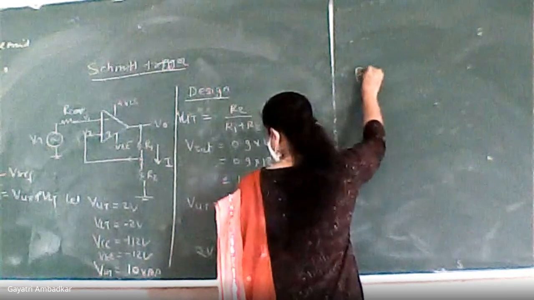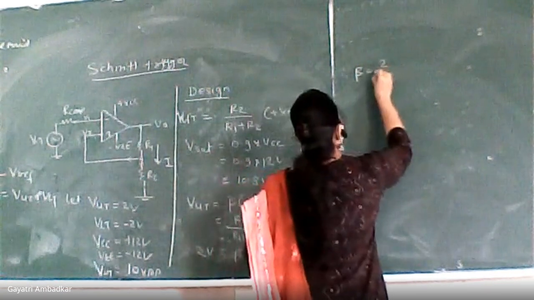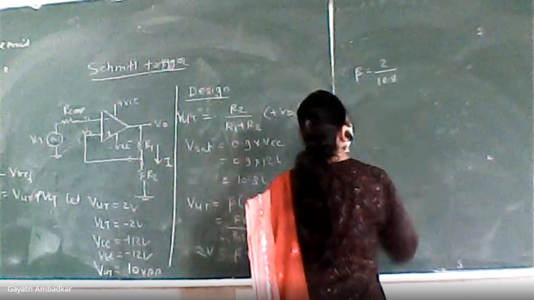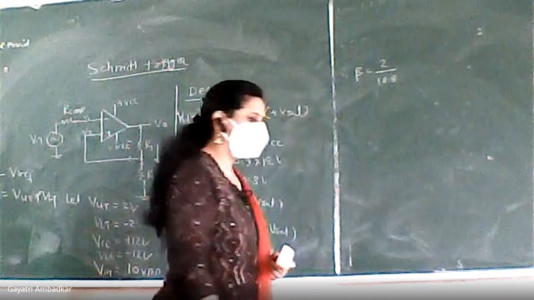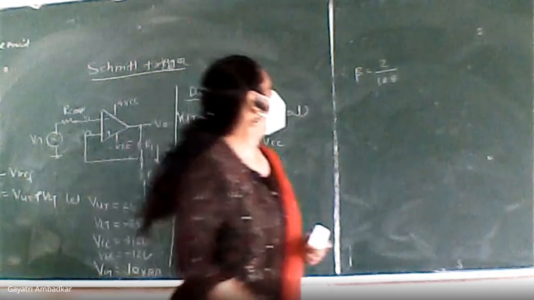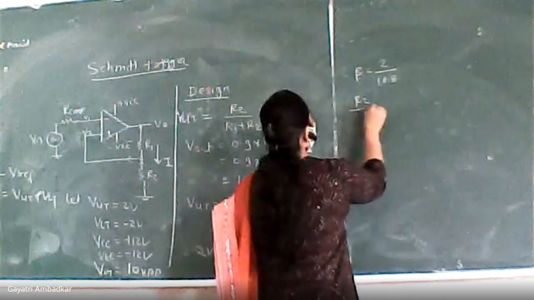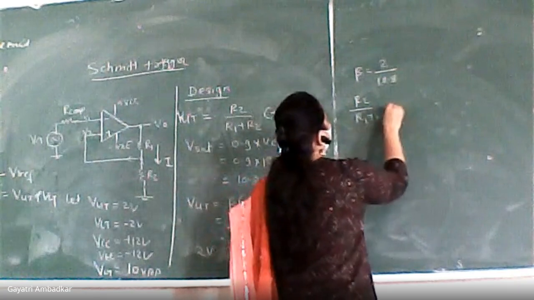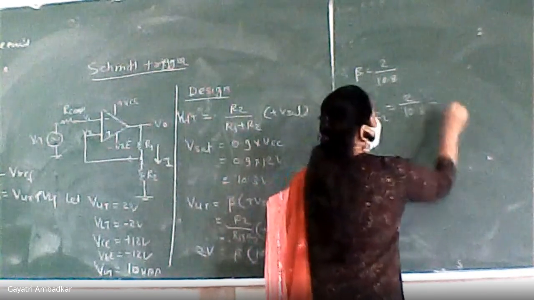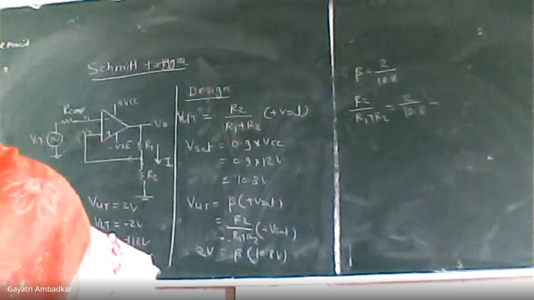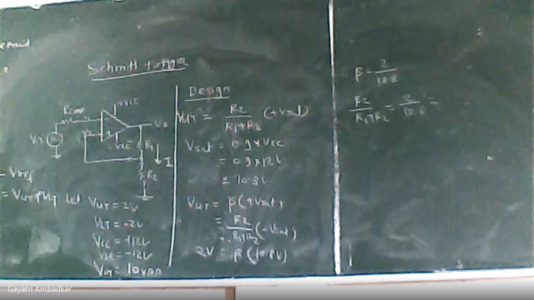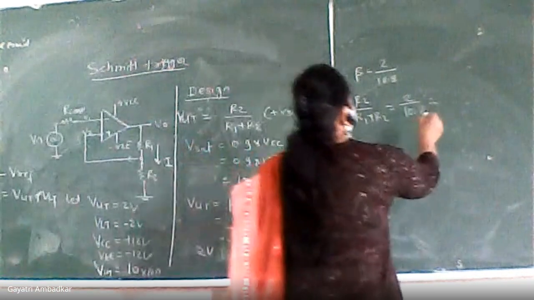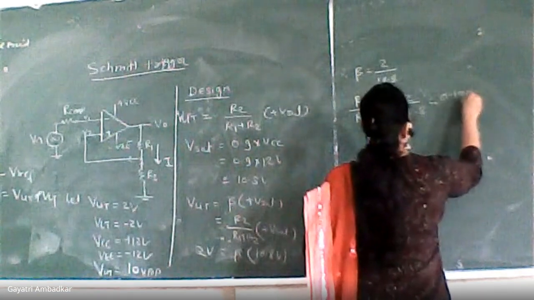Therefore, beta is equal to 2 upon 10.8. Calculate. So you get the ratio R2 upon R1 plus R2 equal to 2 upon 10.8, which is 0.185. Speak loudly, please. 0.185, correct.